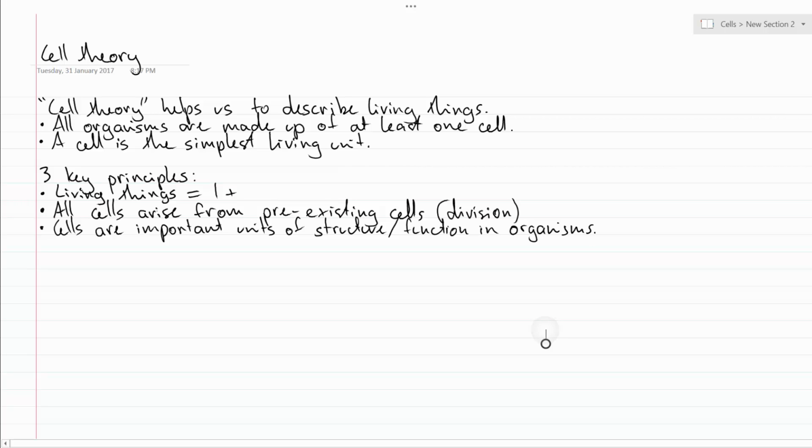Cells are important in giving things a certain structure or shape, making certain things look the way that they do in particular organisms, and they're also important units of function. They're really important in ensuring that certain things take place the way that they need to. Some of those life processes like growth, excretion of wastes or movement rely largely on the activity or function of cells.